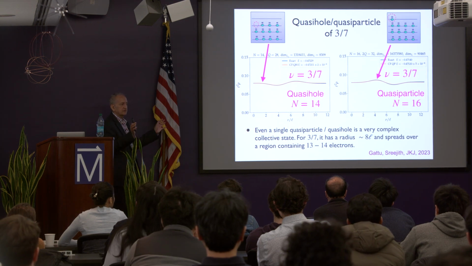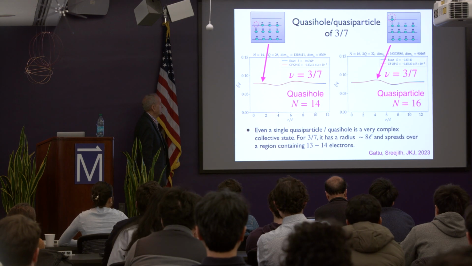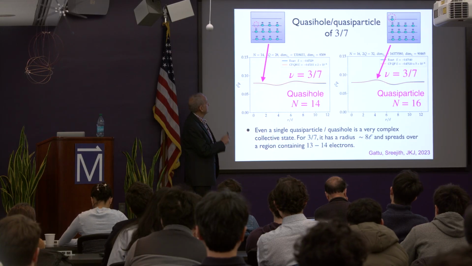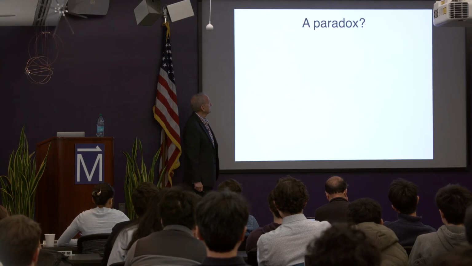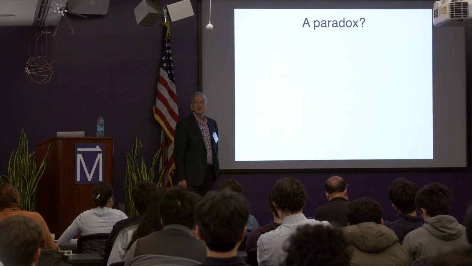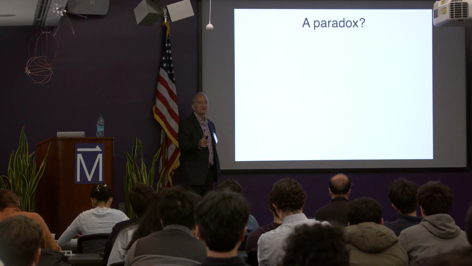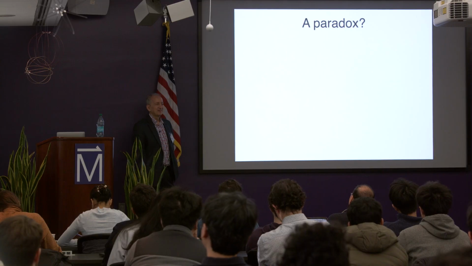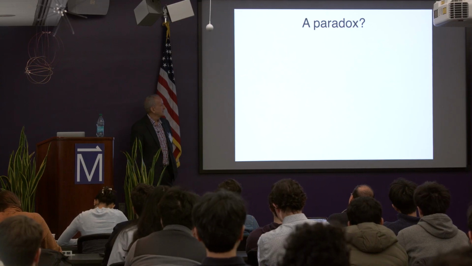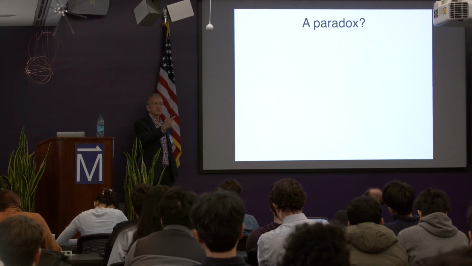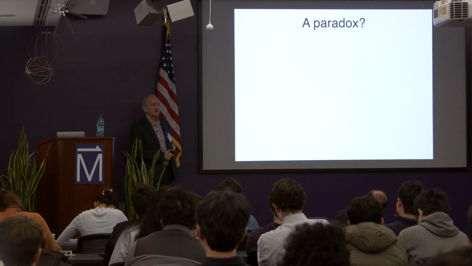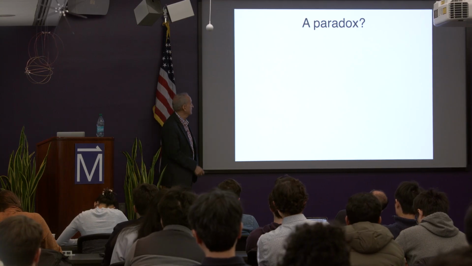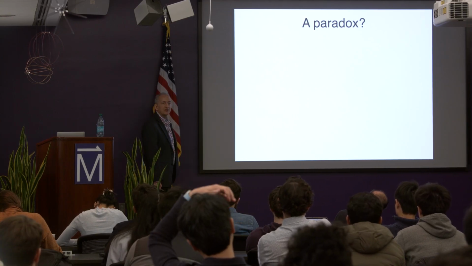Okay, which are exact. So the description is exact, but then you might say, well, isn't there a paradox? Composite fermions are charge 1 fermions, they're fermions, as the name says. On the other hand, we have been given to believe that quasi-particles have to be fractionally charged anyons.